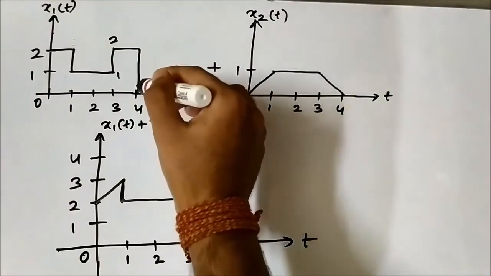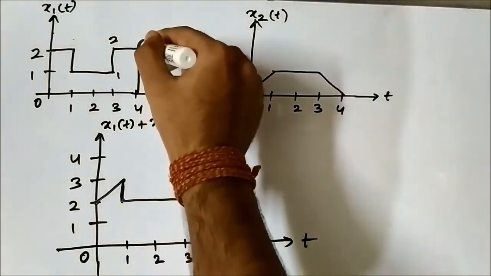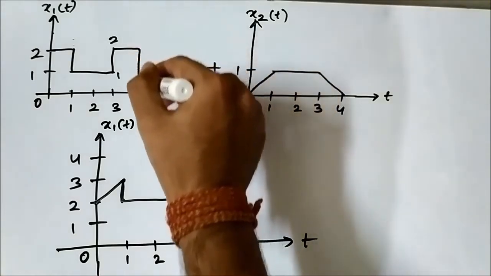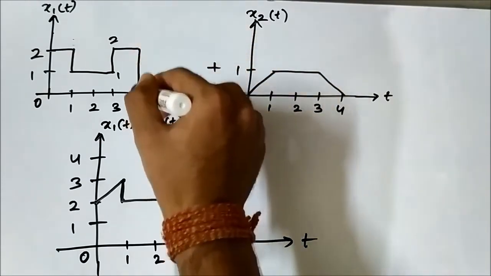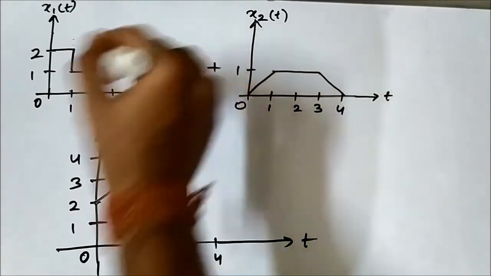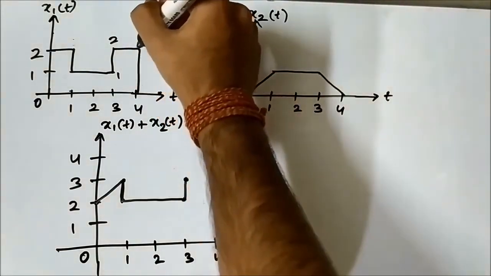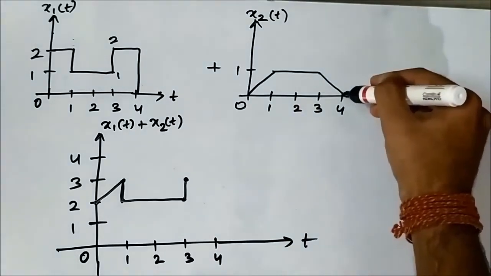Then at 4, the value is 2 first, see here 2, then there is an instant drop to 0. Almost instantly it drops to 0. So you have to consider these two values. Here it is 2, but for x2(t) it is only 0.